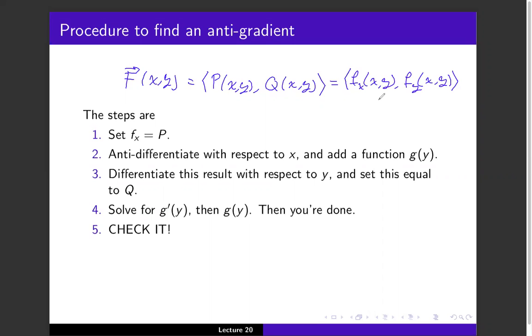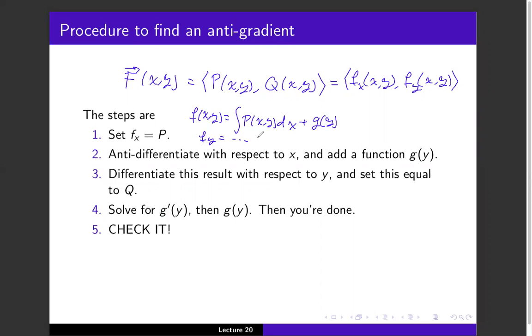Here I called it g(y). Before I called it phi(y). The symbol obviously doesn't matter at all. You differentiate that with respect to y, and then set that equal to Q, right? So that's the whole point here: you get f(x,y) is the integral of P(x,y), or the antiderivative rather, dx, plus some arbitrary function g(y). f_y, meanwhile, is the same story.